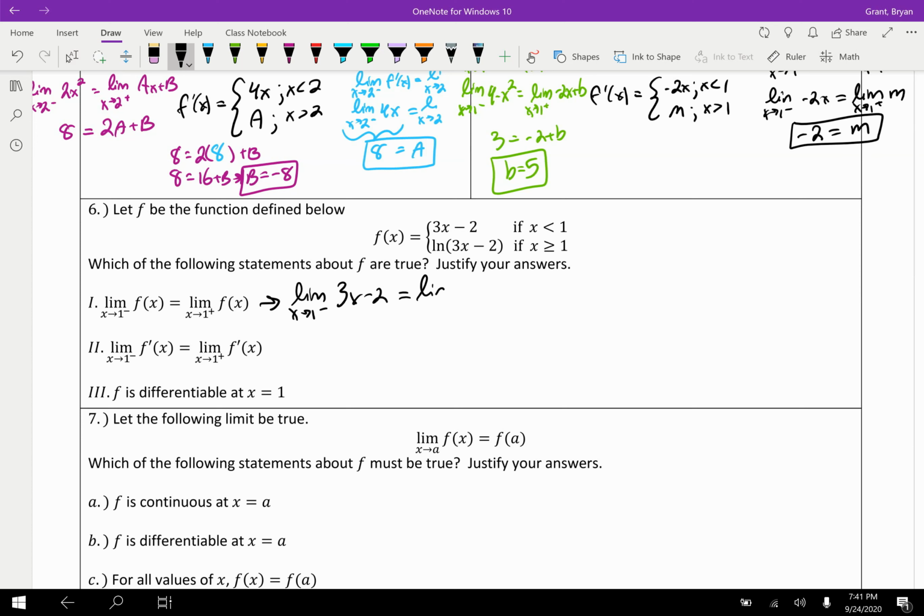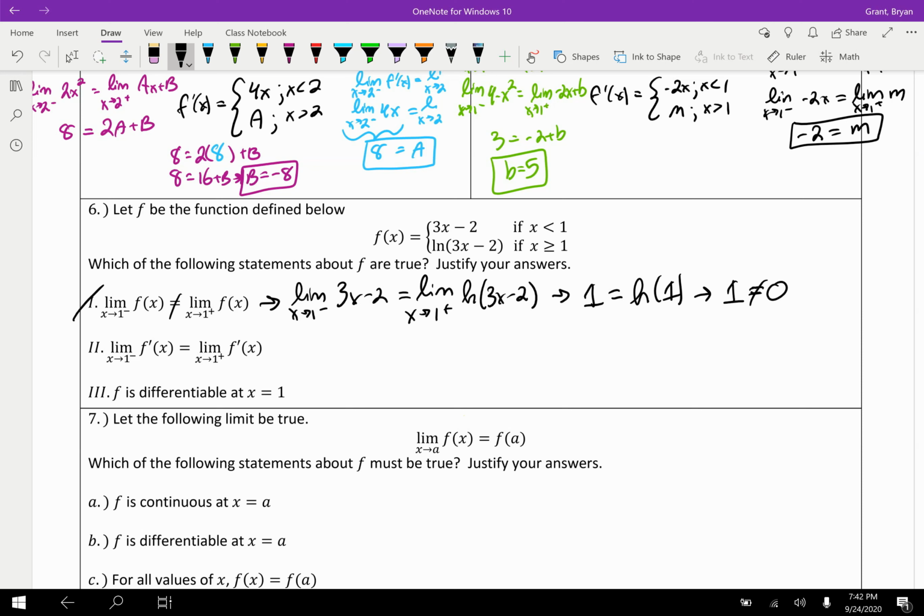And we're trying to make sure that that's equal to the limit as x approaches 1 from the right side, which is controlled by the natural log, everyone's favorite, of 3x minus 2. Well, substituting in, 3 minus 1 is 3, minus 2 is 1, and then over here it becomes the natural log of 1. Are those equal? Well, I don't think so, because any log of 1 is 0. So these are not equal, which is true, not that guy.